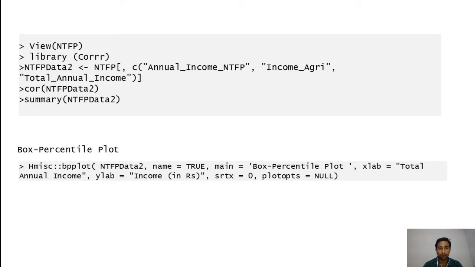Basically, we have different sets of data, and my data is actually NTFP. This is my data name, and for performing correlation in R, we have to search for a library with this name, corr.